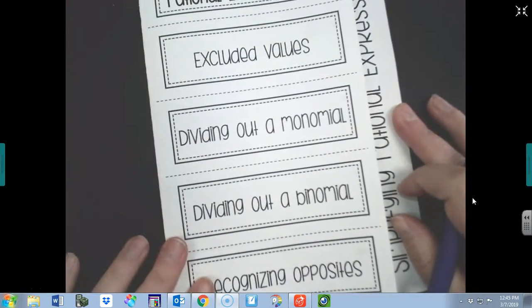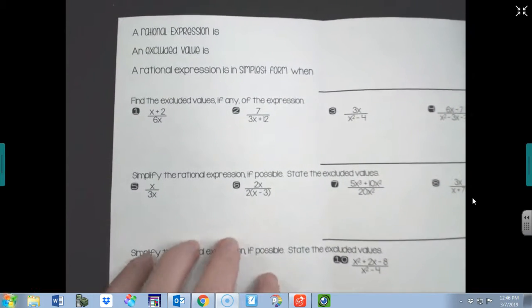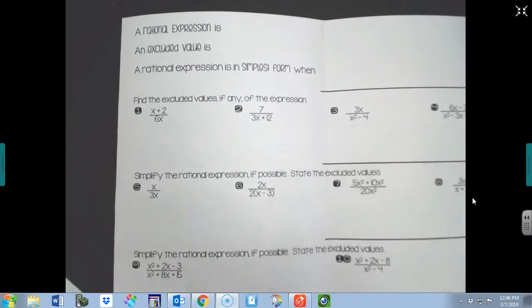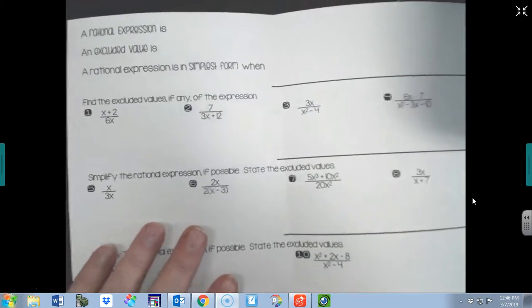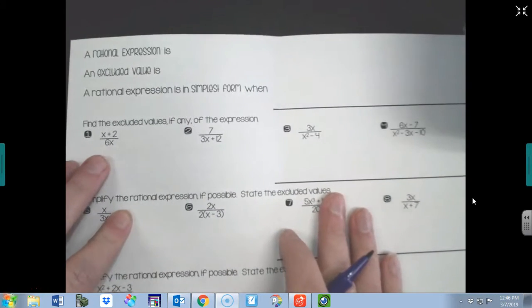We're going to complete this today, and then you'll have a homework assignment. If you can open this up, we are going to get started with a little intro about rational functions. I'm going to turn here and you can pause the video as needed to copy down whatever information you need.